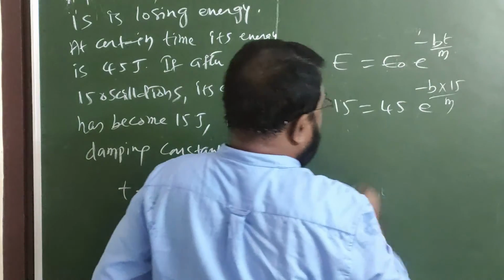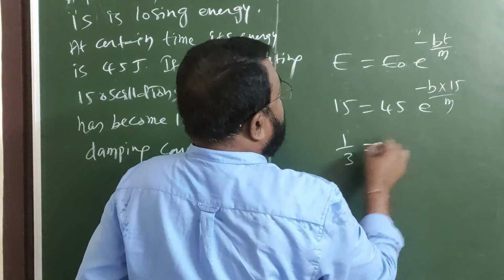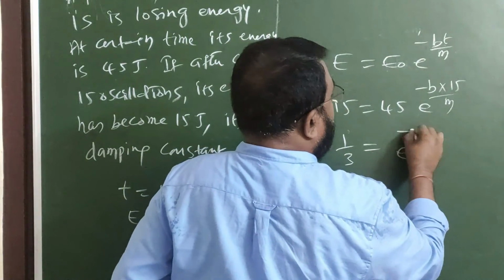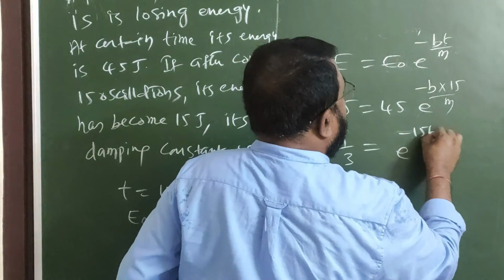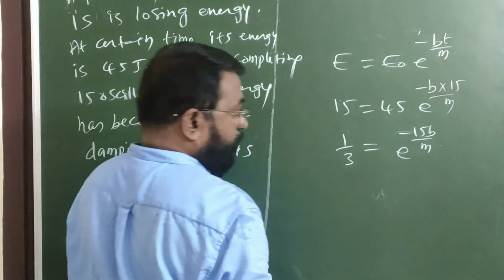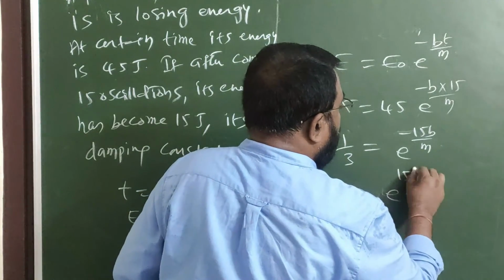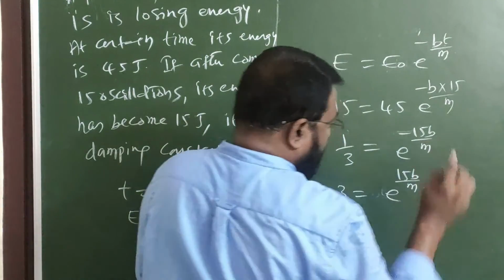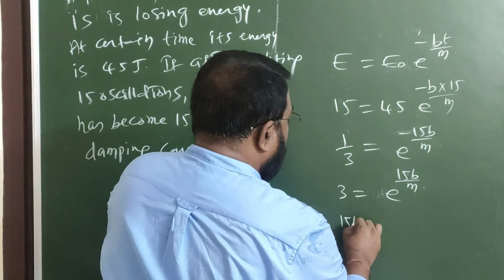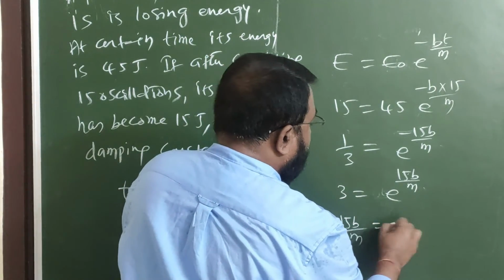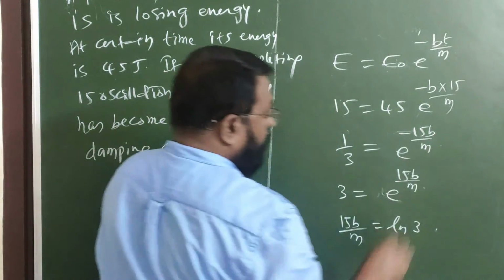This becomes 1 by 3 is equal to e to the power of minus 15b by m. From this, 3 is equal to e to the power of 15b by m. Therefore, 15b by m is equal to ln 3.